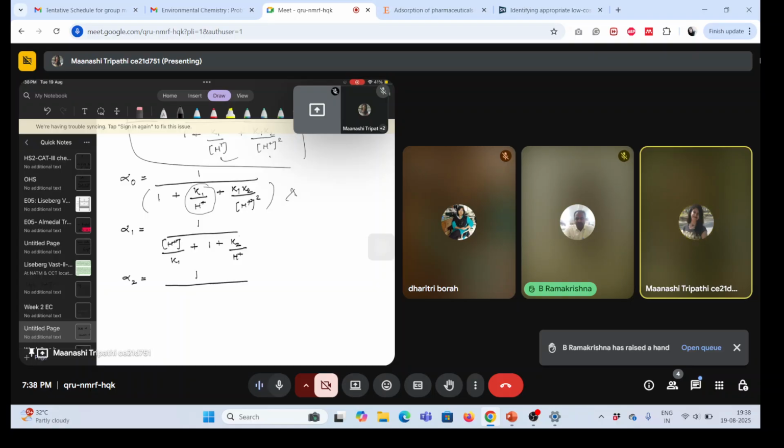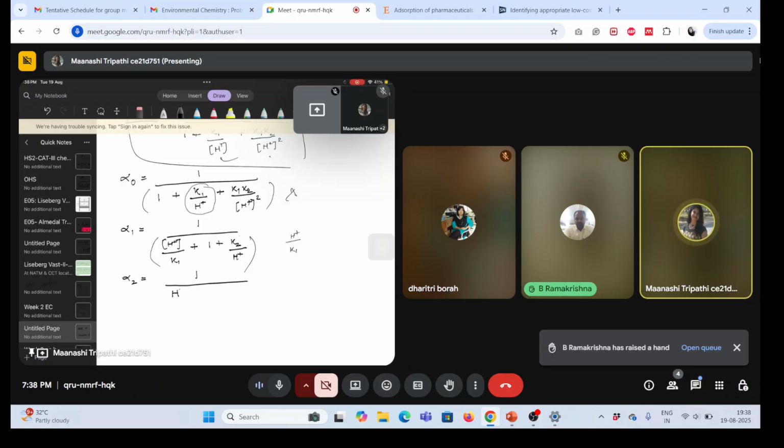And for alpha 2, what will be the value? Same. Just multiply the denominator by the inverse of this term. Means just multiply it by H plus by K1 and you will get alpha 2.